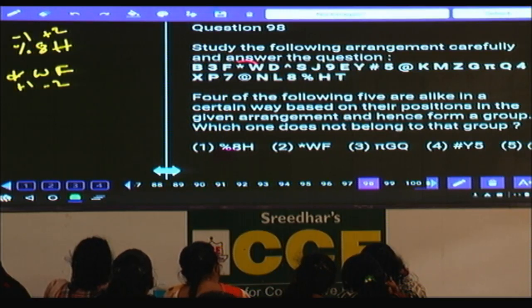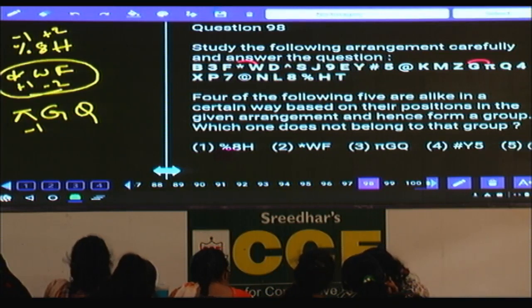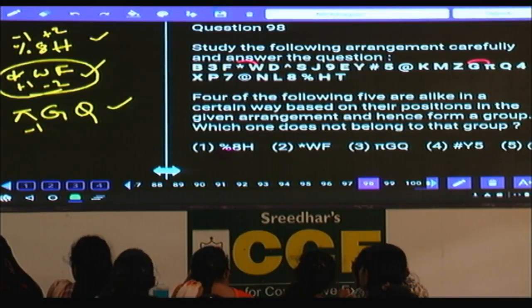Then next one, pi, G and Q. Now in this one, tell me, what is the relation between pi and G? Minus 1. As it is minus 1, this is the odd one. No need to check out the remaining. So 98, choice 2 is the answer, because these two are the same, hence this is the one which is different.